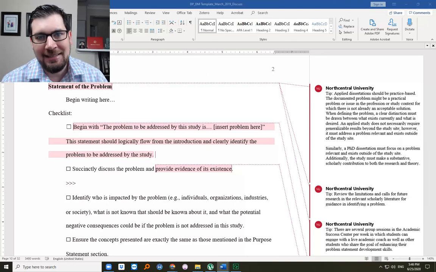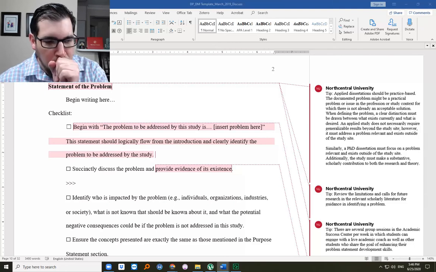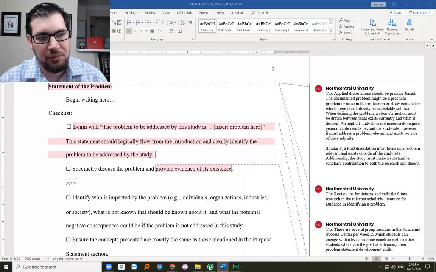And I cannot tell you with enough emphasis how often it happens that somebody will tell me what they're going to do about the problem rather than what the problem is. Let me explain that.